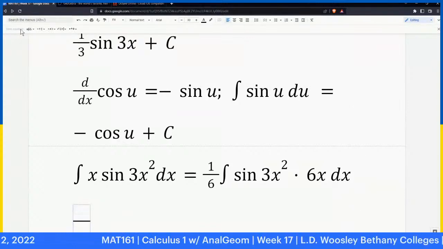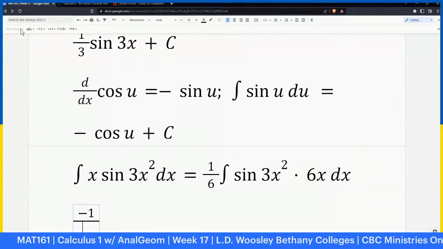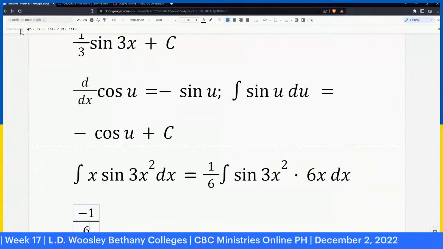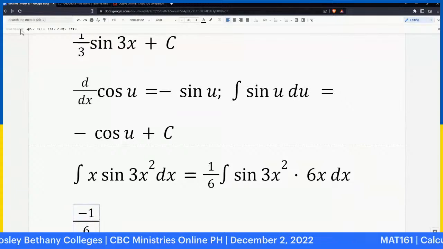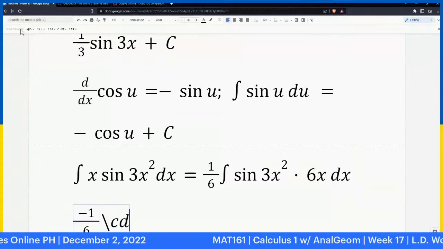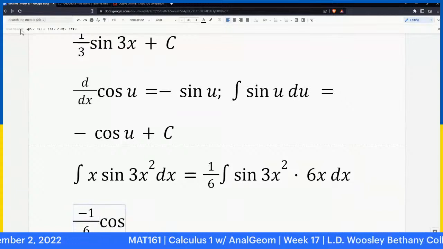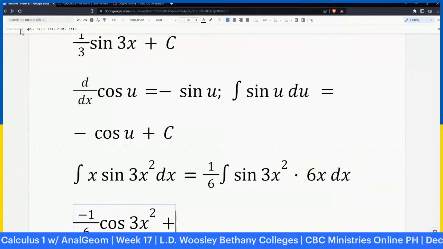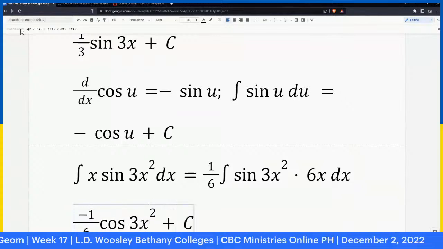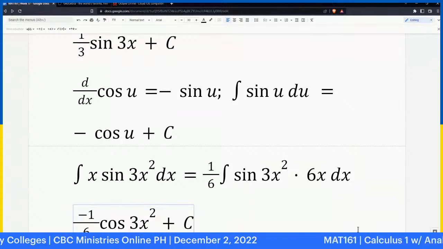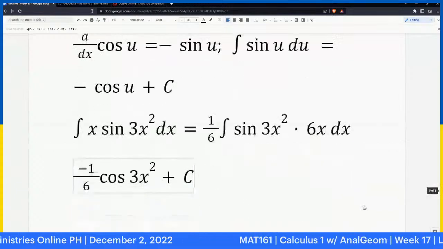So negative 1 over 6 cosine of 3x squared plus c. Right? Alright. So clarification, let's move on.